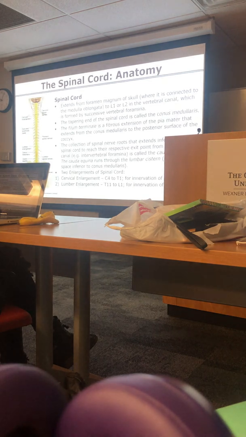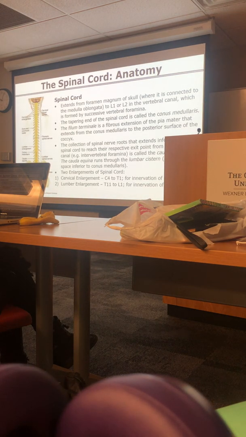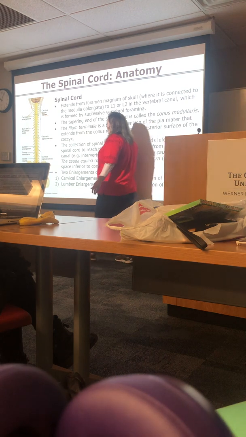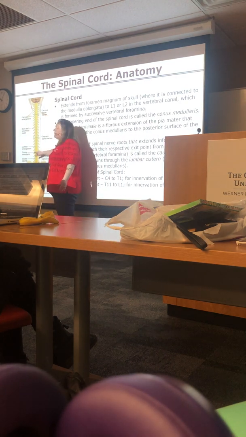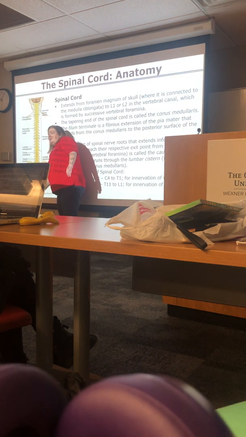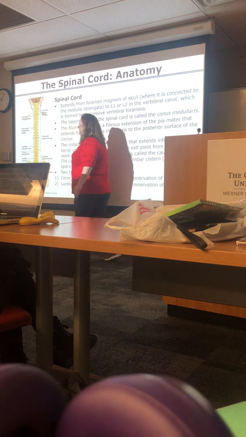We're going to see that the meninges associated with the brain are also associated with the spinal cord. And although the spinal cord ends at the L1, L2 level, those meninges continue the whole way down through the vertebral canal.